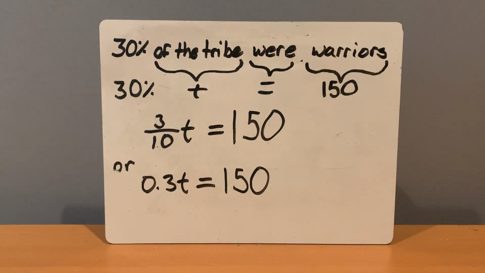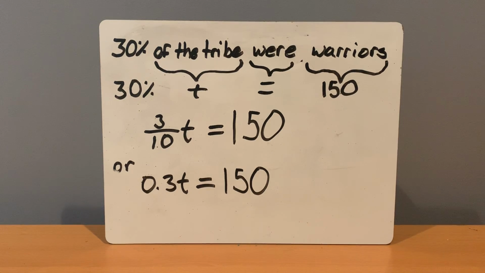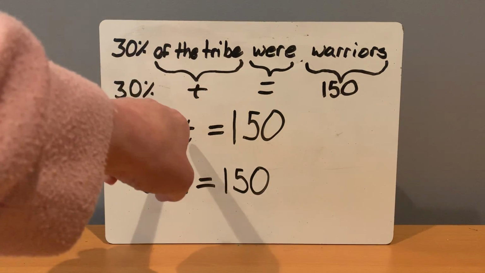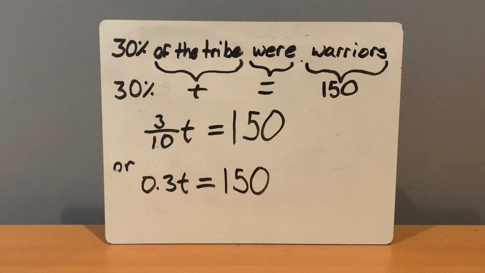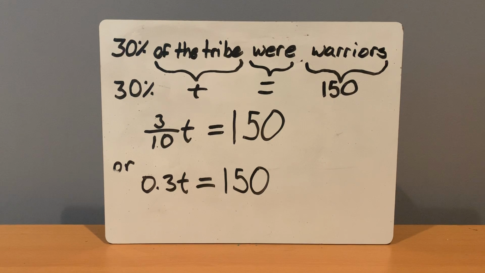So 30% of the tribe were warriors. 30% will bring right down. T is representing the whole tribe. Word tells us that it equals the warriors, 150. So now we've got our equation, 30% T equals 150.